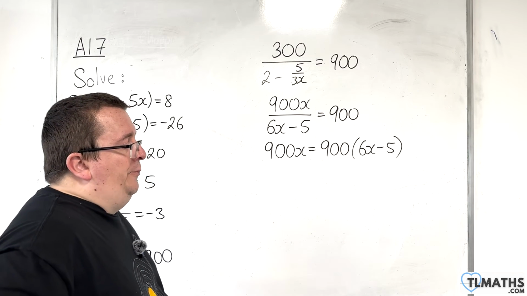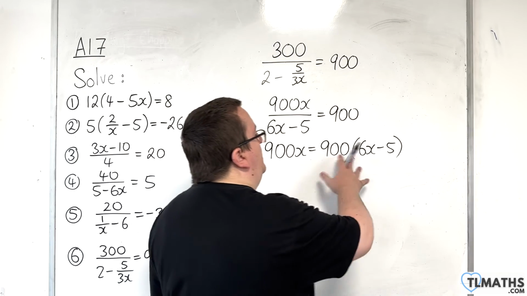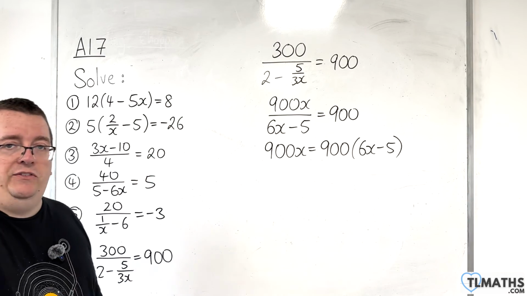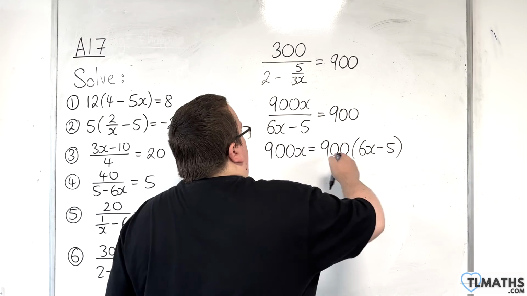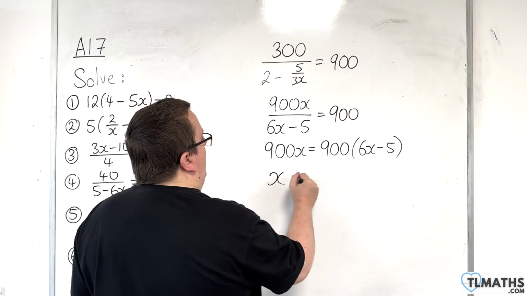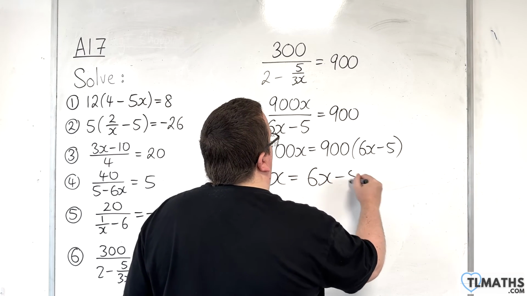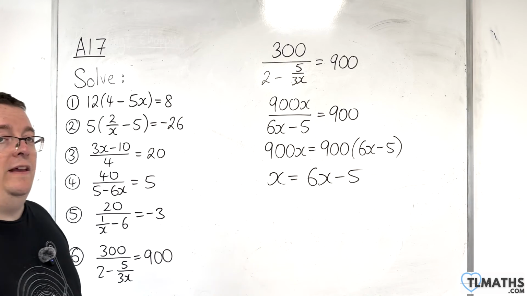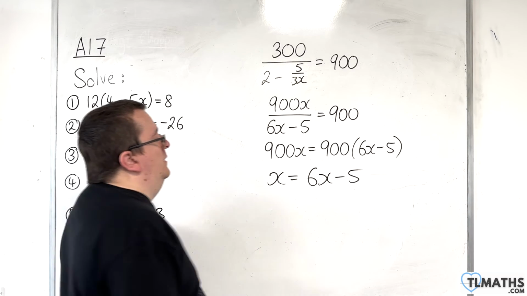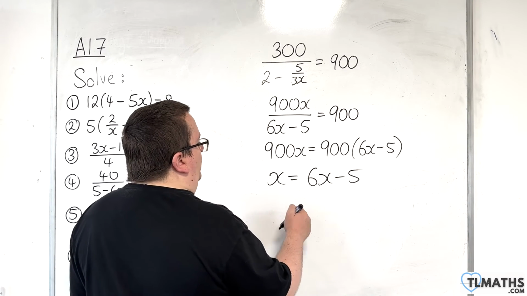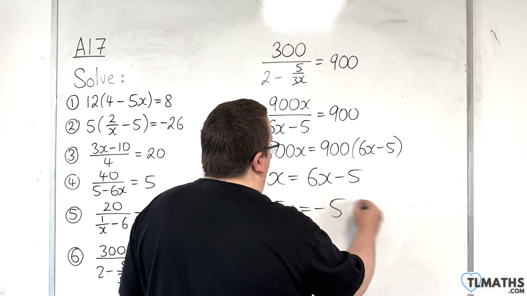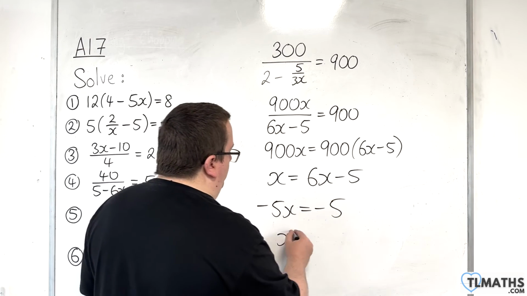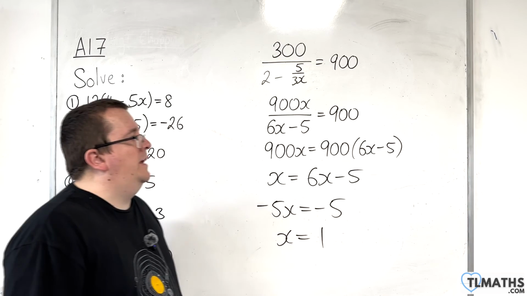So if I can spot that if I divide both sides by 900 now, it makes the numbers easier, then it seems like a good idea. So dividing both sides by 900 gets me x is equal to 6x take away 5. So you can see that's much easier. Subtract the 6x from both sides to isolate the x, and we get minus 5x is equal to minus 5, and then divide both sides by minus 5, so x is 1. Okay?